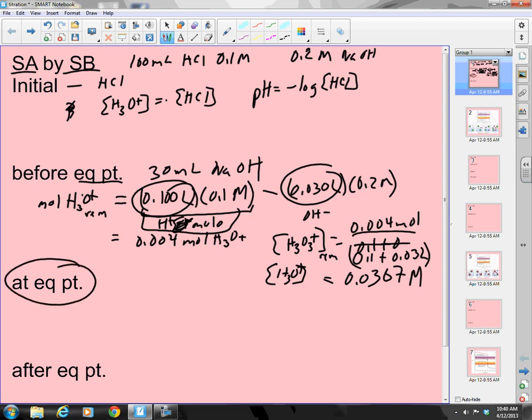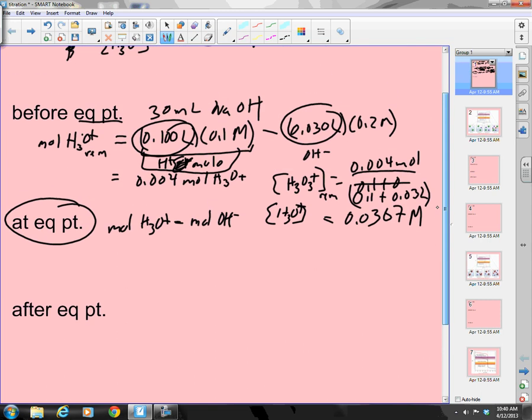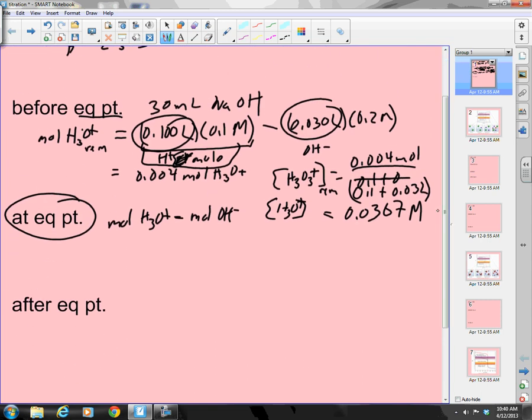So what does it mean at the equivalence point? That means my moles of hydronium equal my moles of hydroxide. So how do I figure that out? Well, how many moles of hydronium did I start with? Figure out your original moles of acid. So moles of acid original is going to equal moles of hydroxide original, and then work from there.